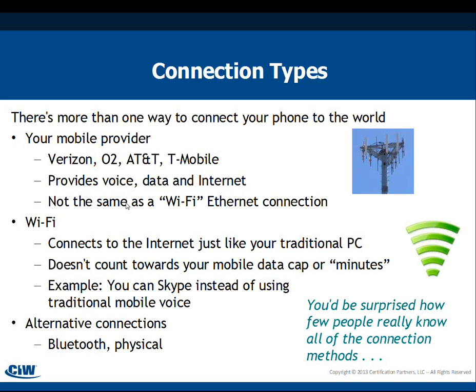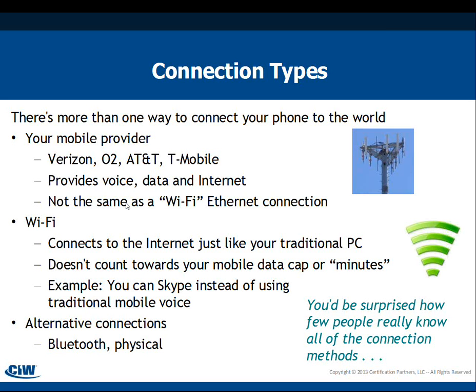So in other words, it's important to understand that your mobile phone can connect to the internet through cell phone towers, but it can also connect through Wi-Fi. If you're going to get your coffee at Starbucks or whatever, in my case, hot chocolate, you could access your email and all the fun stuff through Wi-Fi. But you're not going to get voice generally through Wi-Fi unless you use an application such as Skype.